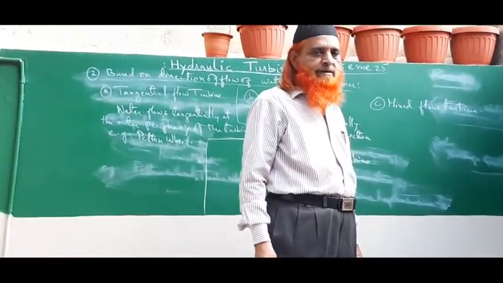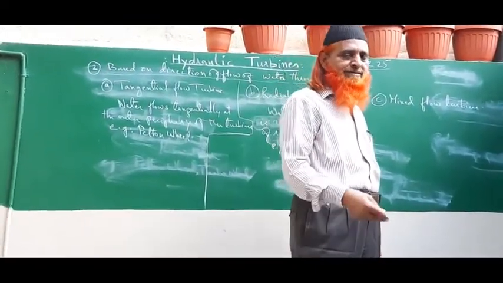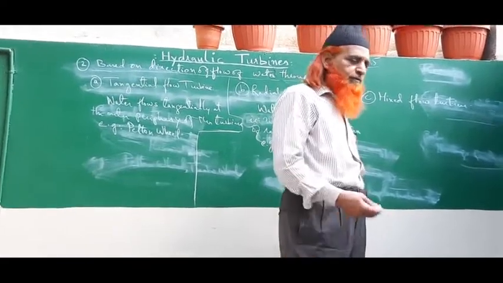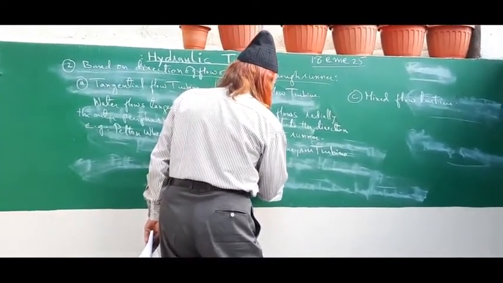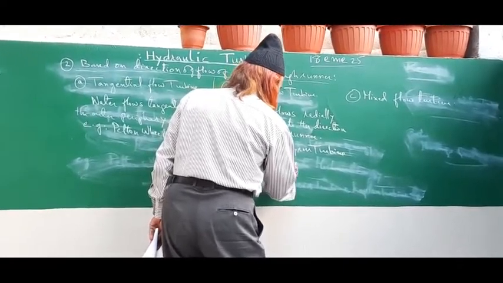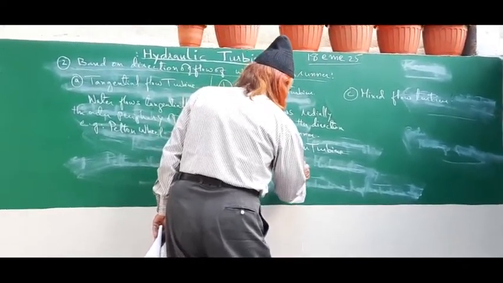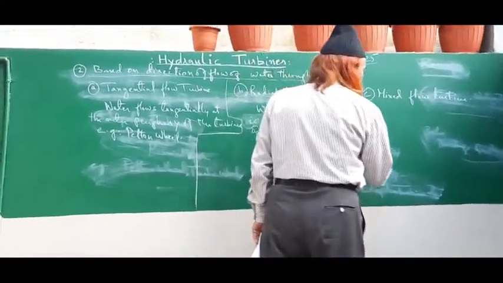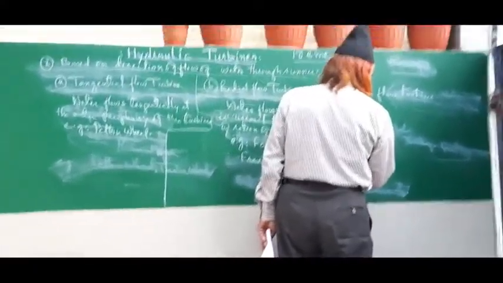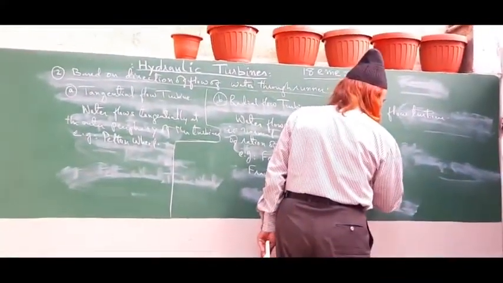Okay. That is in case of modern Francis turbine, it is taken like that. Older Francis turbine, earlier Francis, can also be taken here. But the modern Francis turbine is the example of this one.